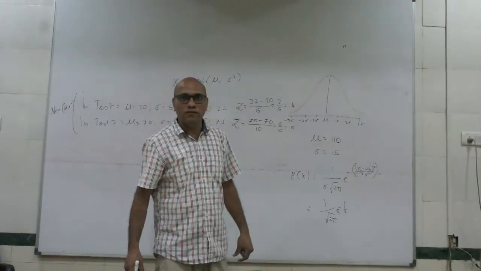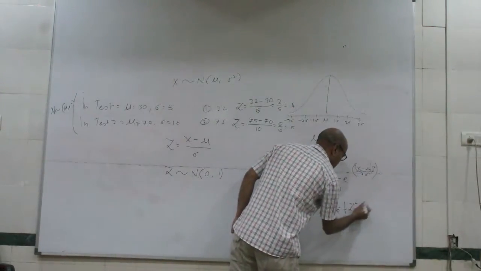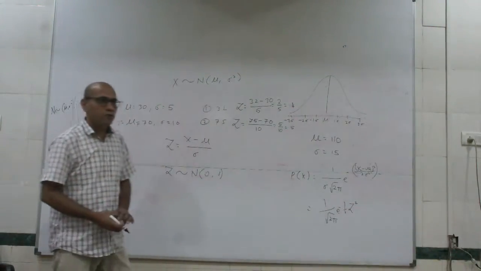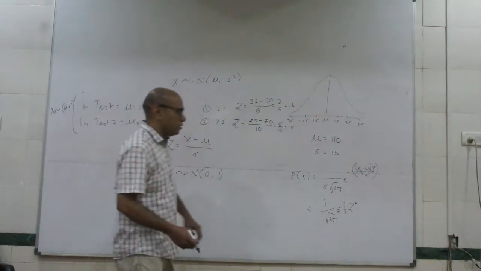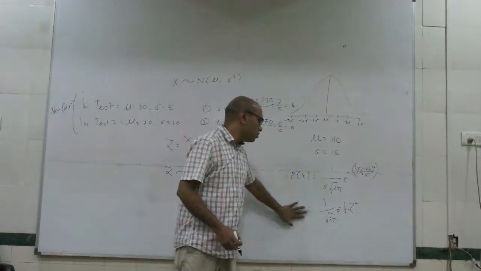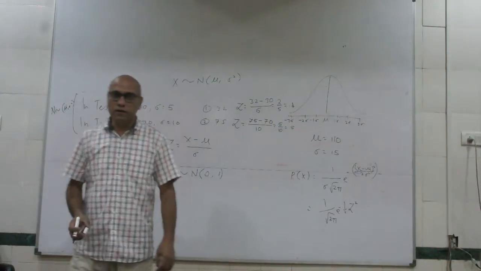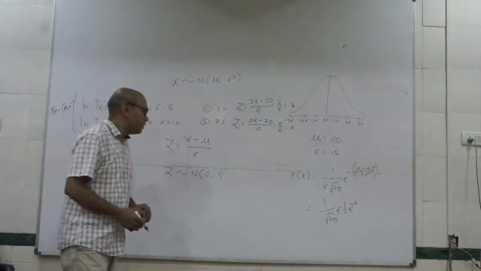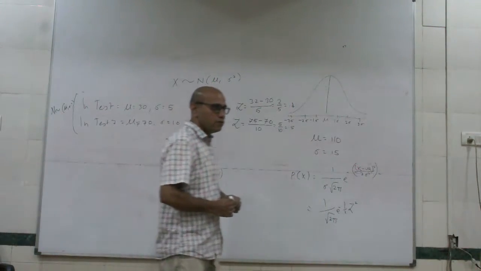X minus mu upon sigma is z, so it is z square. This is what standard normal is, right? So I convert normal into standard normal by a simple transformation, which is displayed here, right? I think that takes care of your question.